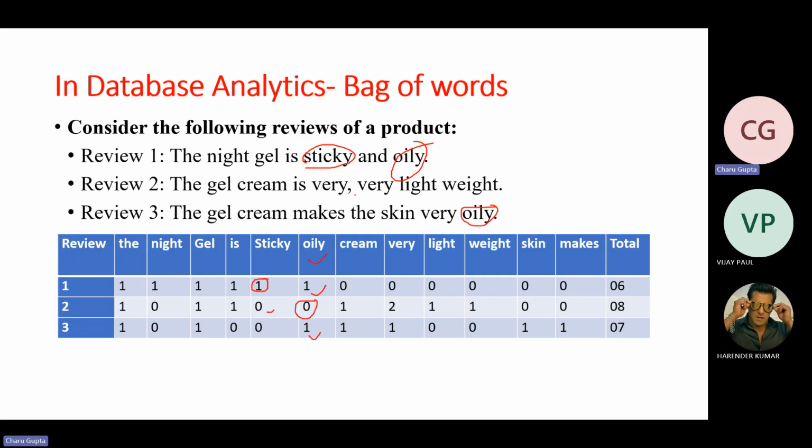Similarly, the word very is coming 2 times in the second review and 1 time in the third. In this way, we make a bag of words table. Now, I have converted the text into a numerical form. We can perform the total here. The last column is the total.